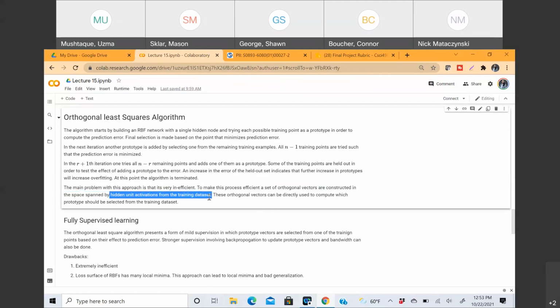So it requires a few more steps, which I'm not going into a lot of detail on here. But the whole point is that those orthogonal vectors make our algorithm more efficient because they restrict the selection of all the data from my training set, because you want to keep them restricted to that space. So that's what it adds to your original algorithm.